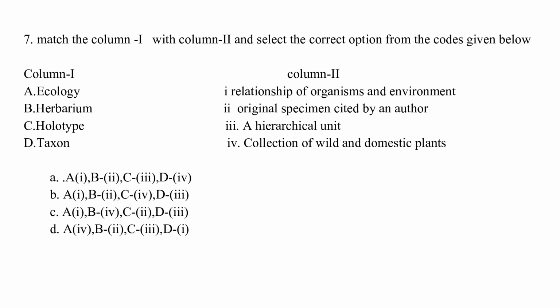The correct answer is option C, which is ecology, which joins with the relationship of organism and environment. Herbarium for collection of wild and domestic plant. Holotype for the original specimen cited by an author. Taxon is joined with a hierarchical unit.